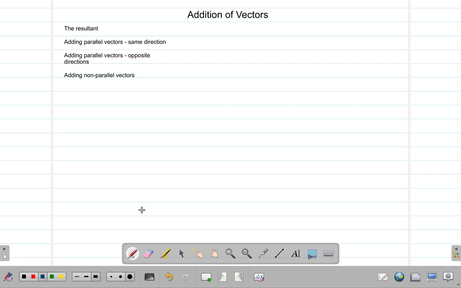But when you add two vectors, what you get for your answer is called the resultant. The resultant is the answer.